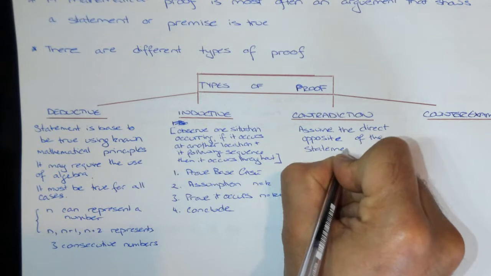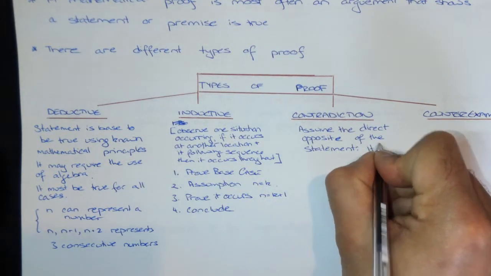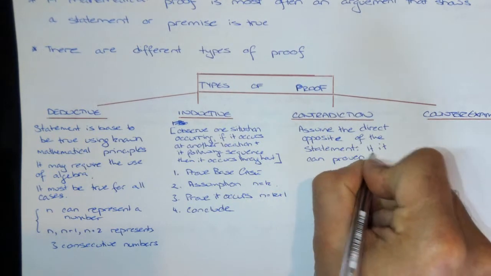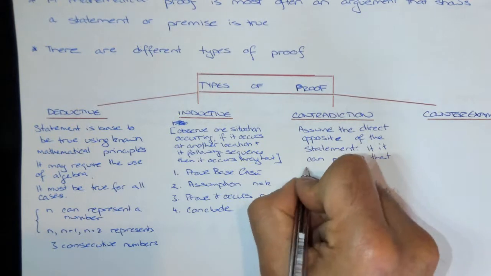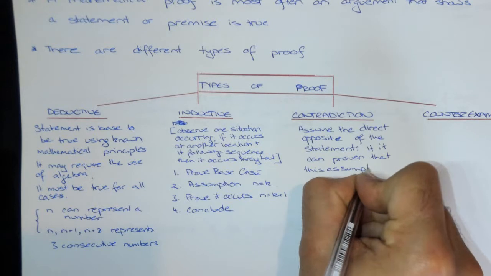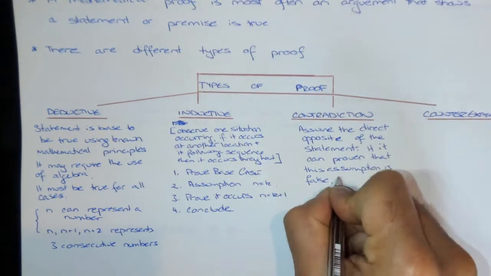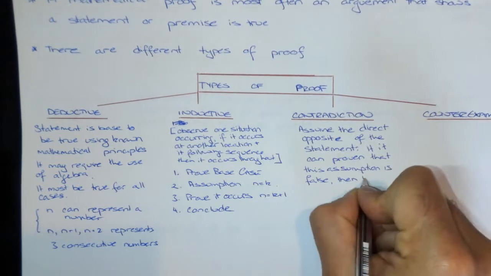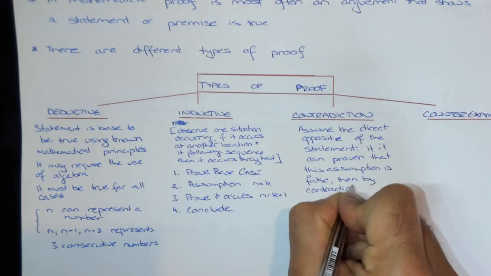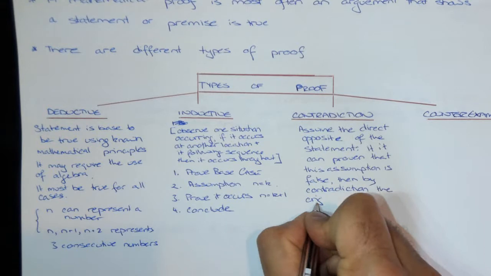If we can prove that this assumption is wrong, then by contradiction, the original statement must be correct.